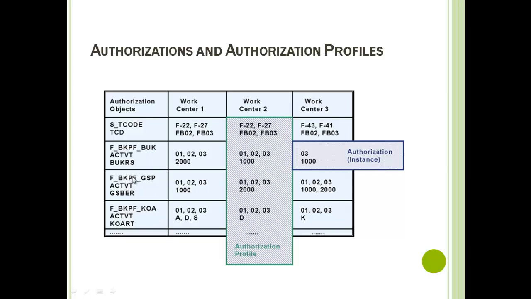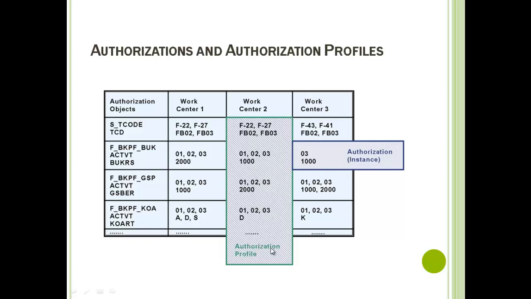This authorization object is for business area. Then they can create, change and display documents under company code 2000 for this business area. And the third one is for accounts receivable and account type. This one will have effective activities 01, 02 and 03, and the account type will be D.